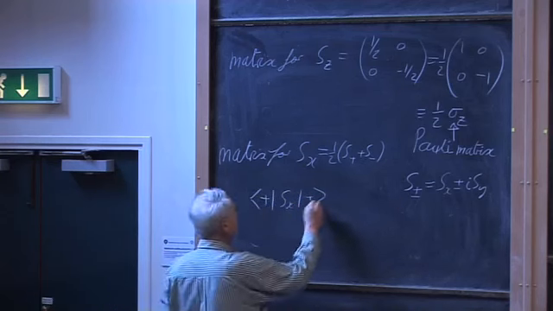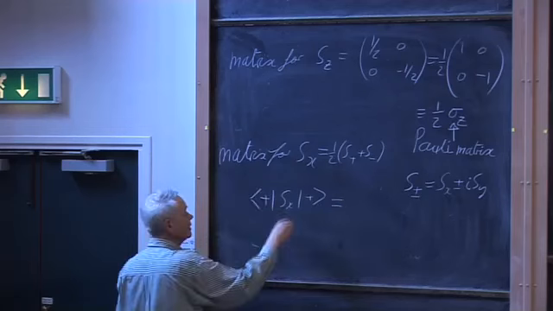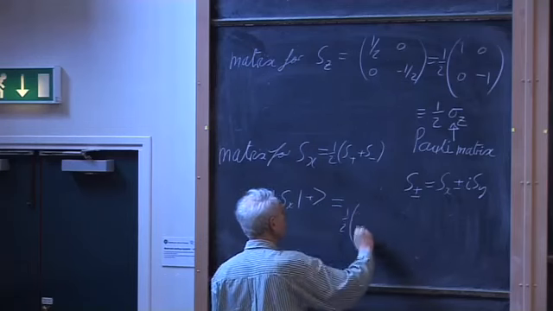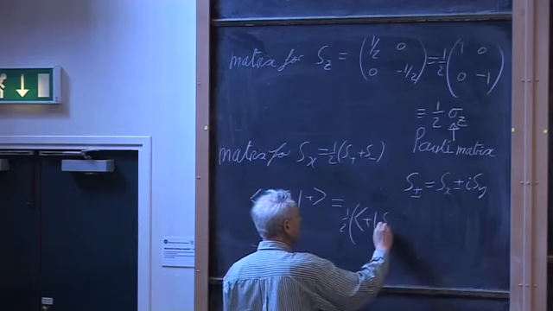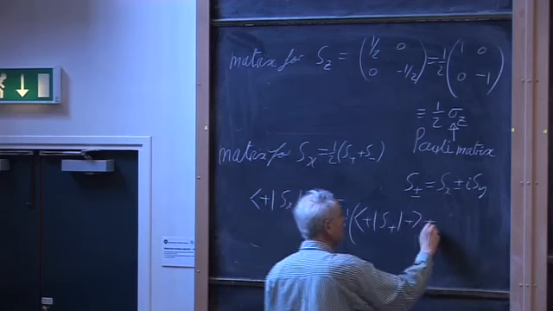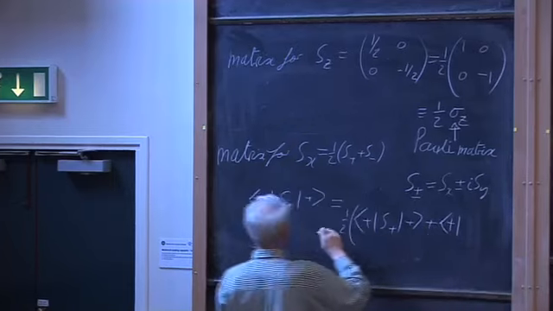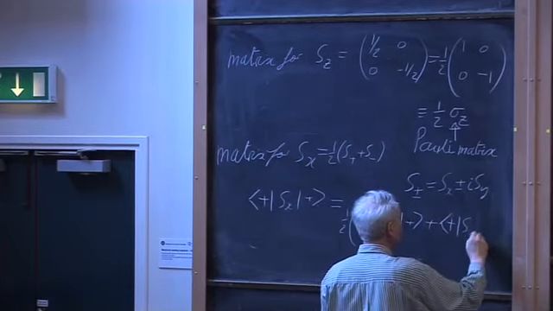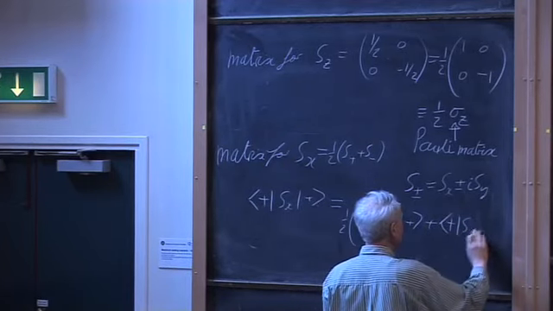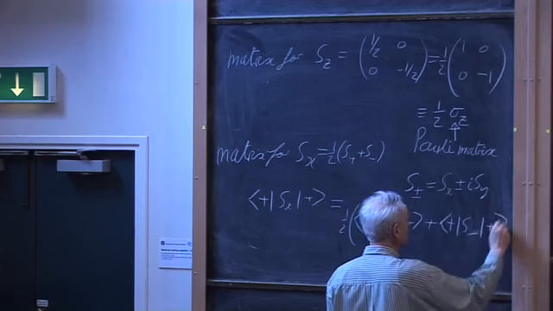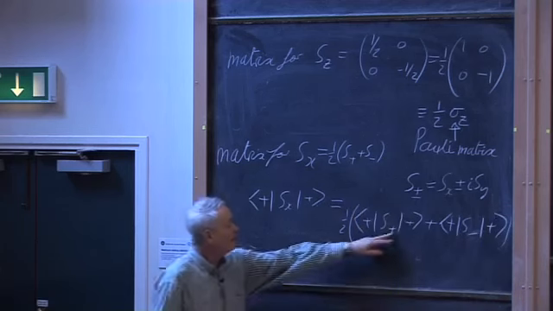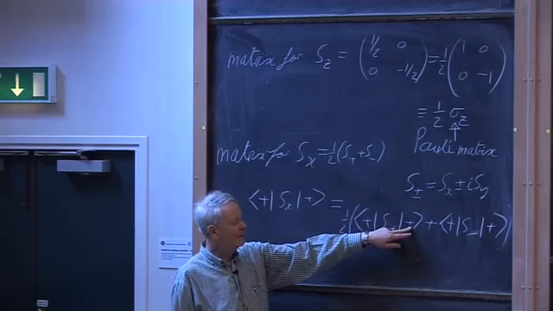So this thing here can be written as a half of plus S plus plus S minus plus. This is what I'm trying to calculate. S plus tries to raise this to an even larger value.